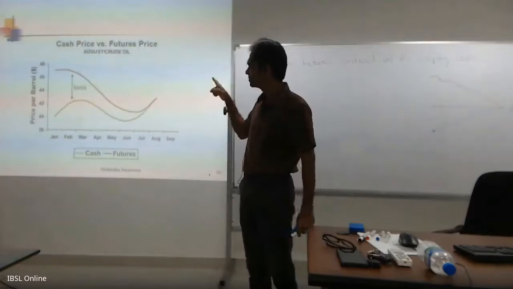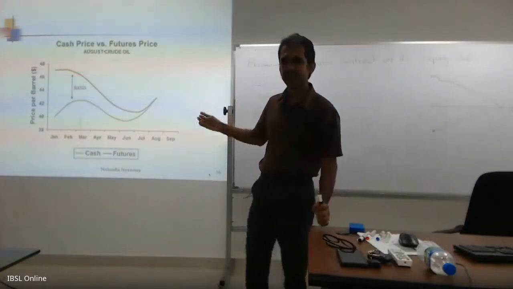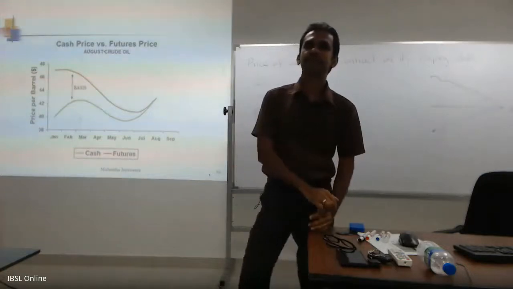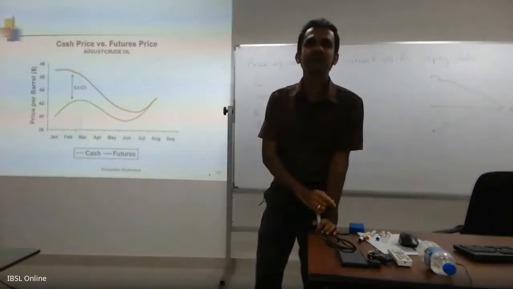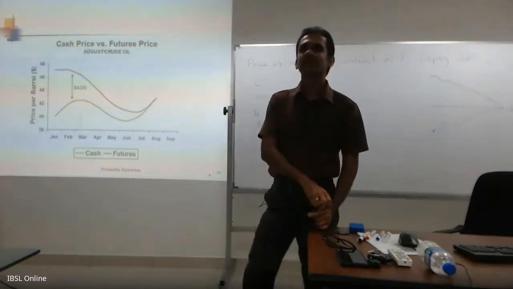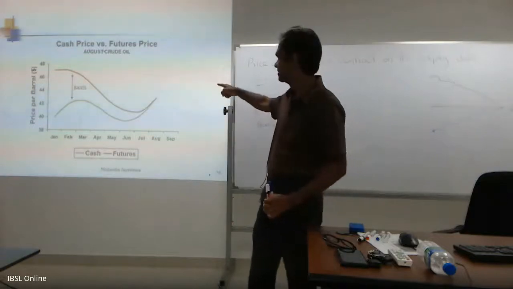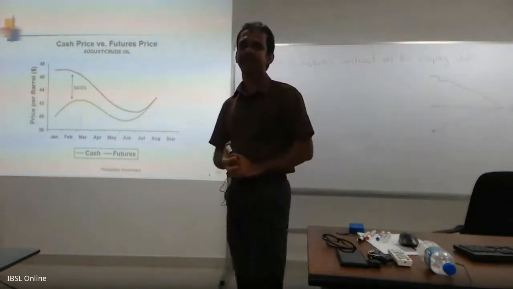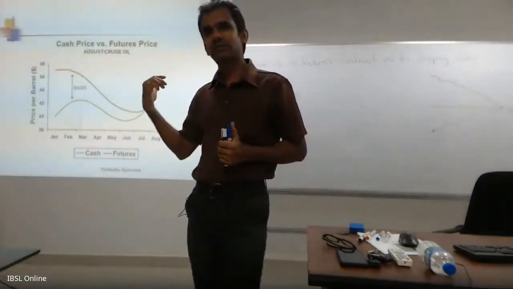Is it a positive gap, positive basis or a negative basis? This graph, does it show a positive basis or a negative basis? Positive. What is the basis in this graph? Is it a contango market or a backwardation?